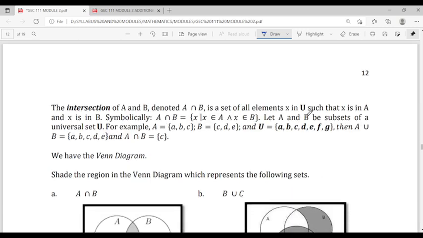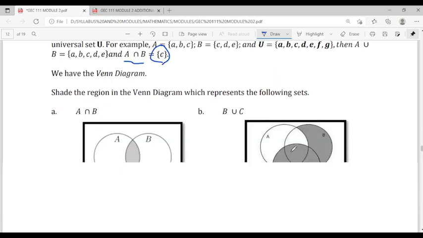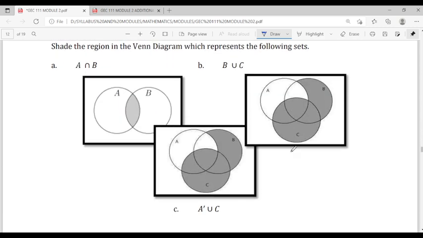Intersection naman, lahat ng common sa kanila. In symbol, we have this. Ano yung common? Like for example, ano yung intersection ng A at B? Ano yung common sa kanila? We have C. Okay, so in Venn diagram, we illustrate the union and intersection.